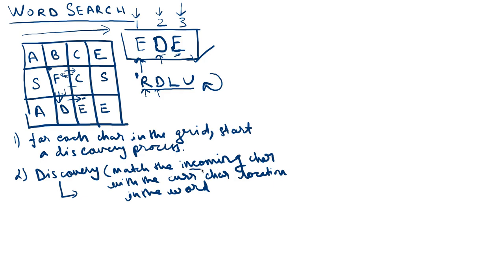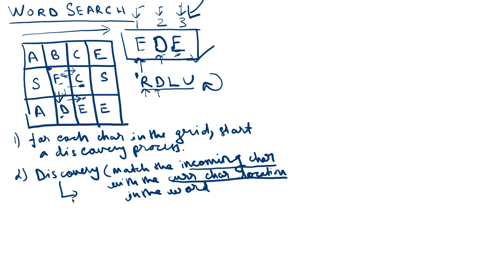So the incoming character will be the one which we are visiting, like this F, C, D, and the current character location is nothing but the location where we are at, like it could be third, it could be second, it could be first, depending on the length of the word. So this is the discovery process, which is the matching process.